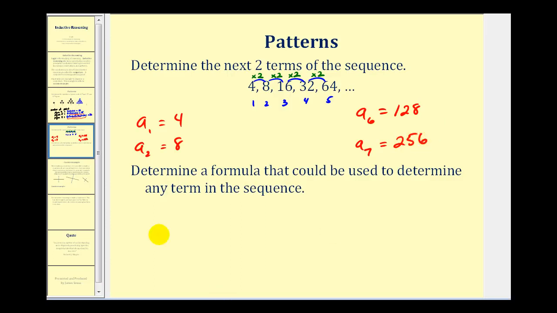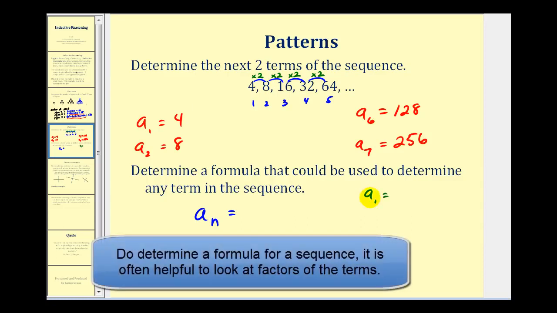Now there's another question here. They want us to determine a formula that could be used to determine any term in the sequence. Any term in the sequence using this notation could be identified by a sub n, where n would be the term in the sequence. This problem is a little bit more challenging. We know a sub 1 is 4, but we could also write it as 4 times 1.